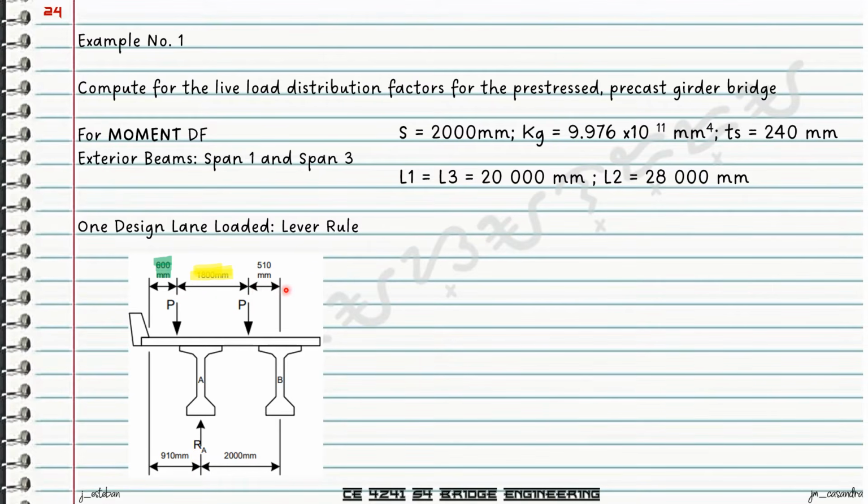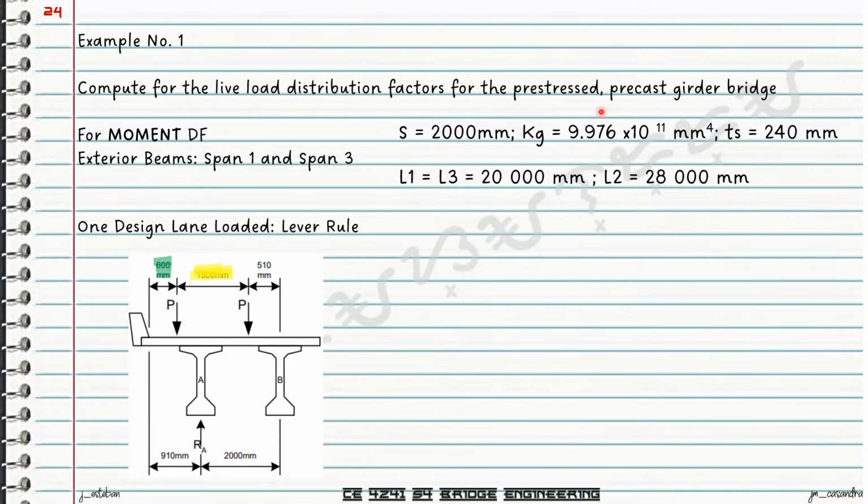So we'll have 500. Okay, so take note, the only constants here are the highlighted values, 1,800 and 600. The other values will vary depending on the given criteria or given design information of the bridge.